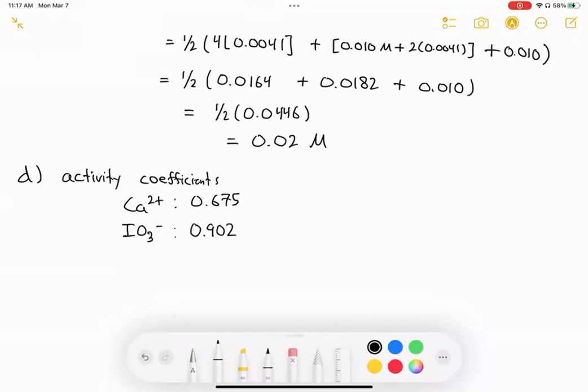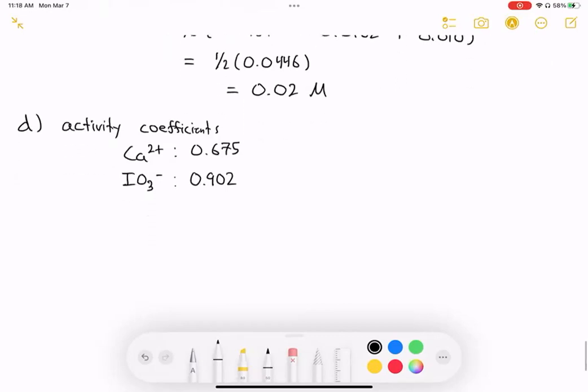You see, the less concentrated it is, the closer to unity, or one, that it represents. Okay, so we got our ionic concentrations now. So now let's go back to this part.